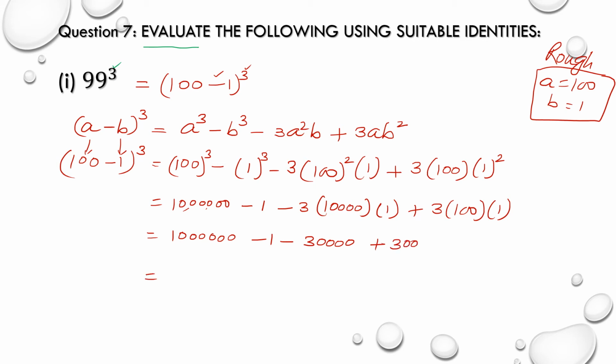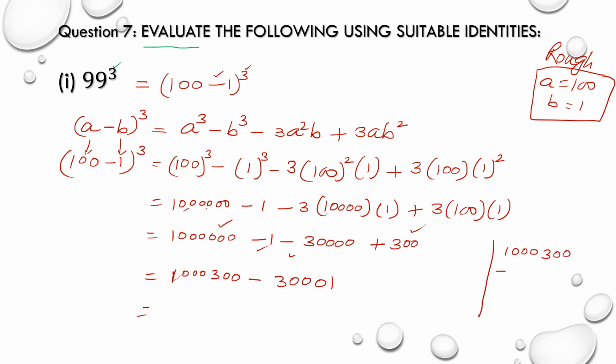So now what we have to do, we have to simplify this, right? So I am adding plus terms together and minus terms together, because these are same sign, so we have to add. Now both these have opposite signs, so in rough work I'll be subtracting these.